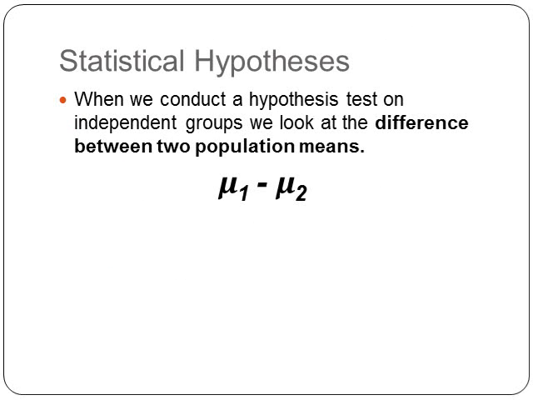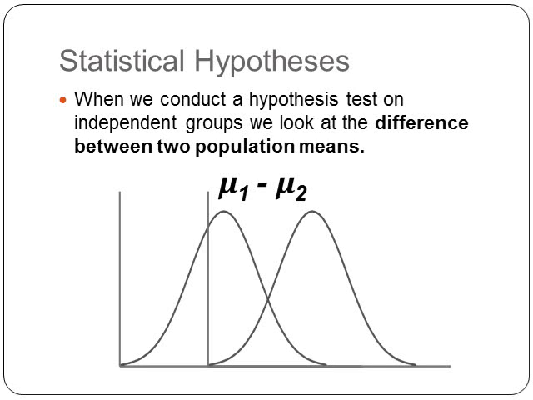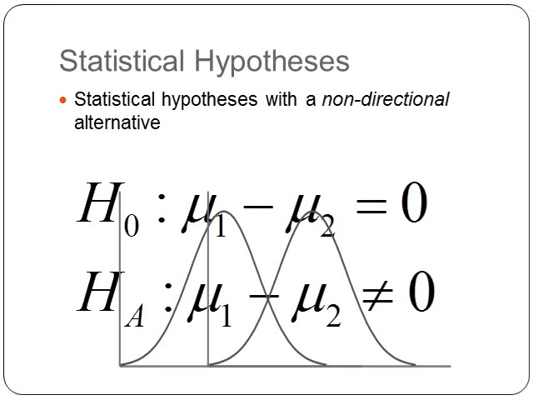Statistical hypotheses. When you conduct a hypothesis test on an independent sample, we're looking for the difference now between two populations, and we have two samples, so we're going to use the samples to estimate the population values. So here's two overlapping distributions. We can say statistically, in a non-directional sense, that mu1 minus mu2 should be equal to 0.